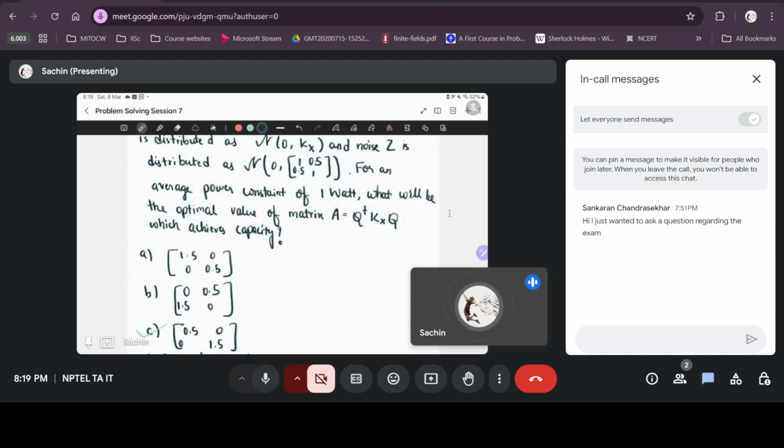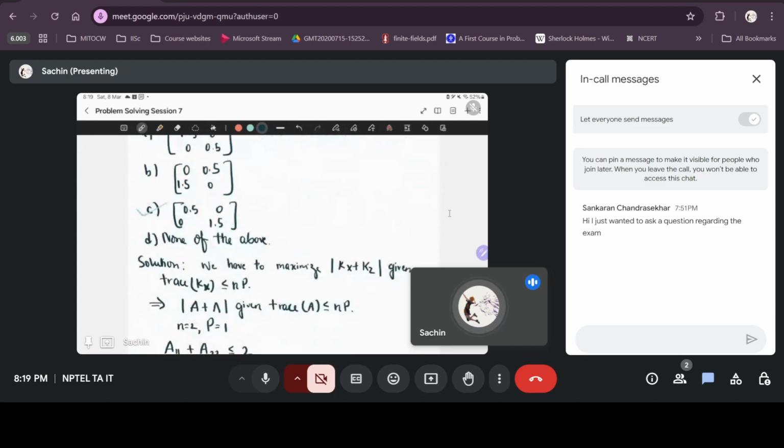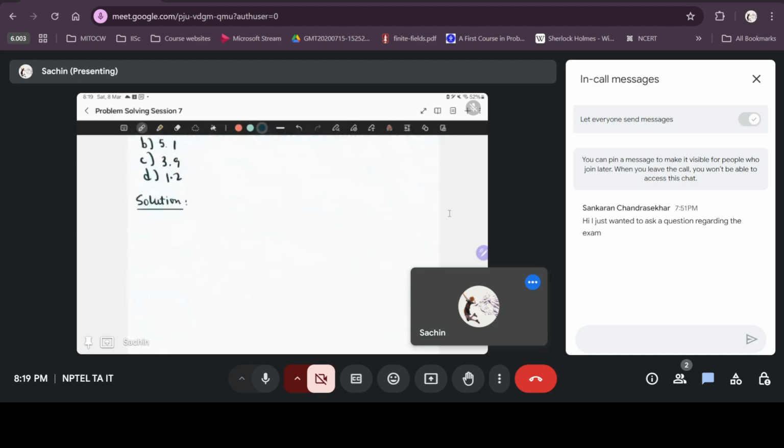From that we have A is Q transpose KX Q. So KX is Q A Q transpose, which will be equal to 1, minus 0.5, minus 0.5, 1.